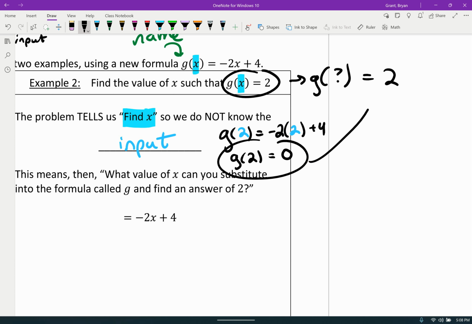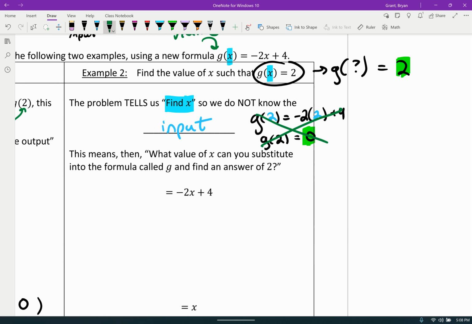Right? g of 2 equals 0 doesn't work. We didn't find an answer of 2. We found an answer of 0. So this is not what we want to do. So another way to phrase the question is, what value of x can I put in here where when I do this whole formula, the answer becomes 2?